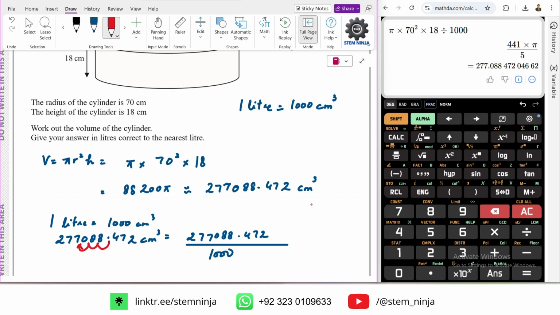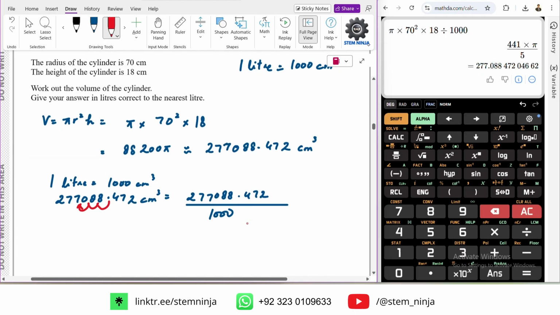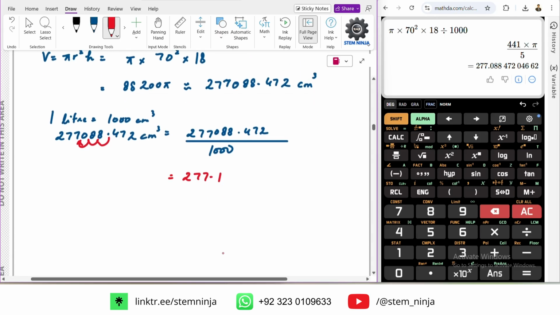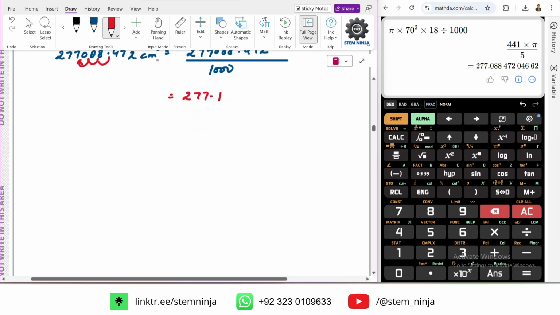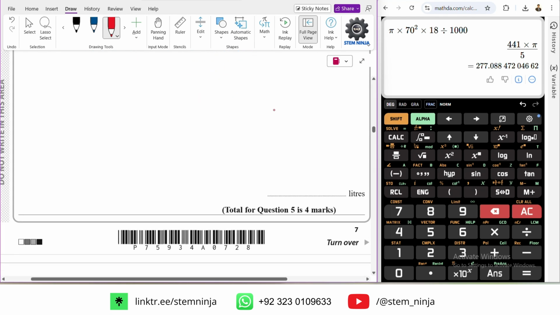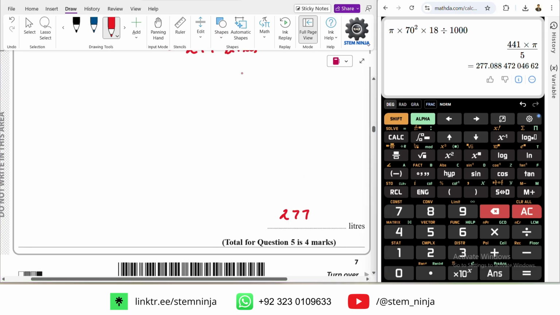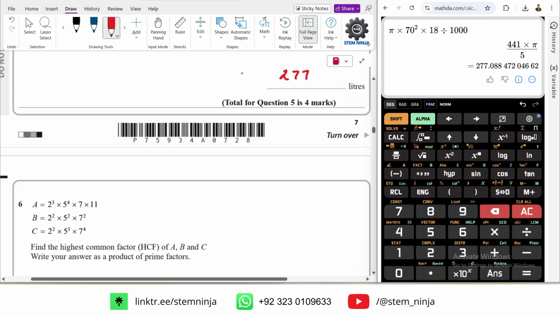So 277.088, and we need it to the nearest liter, so this would be 277 liters. So the answer would be 277. Right, okay, let's move on to the next question.